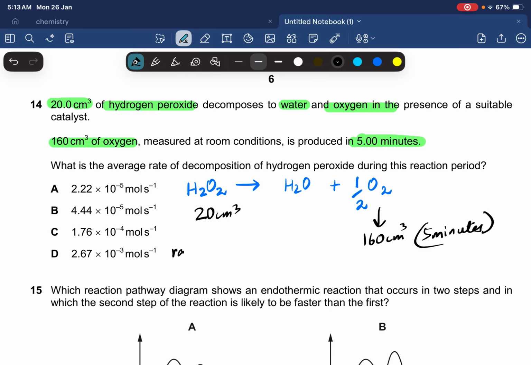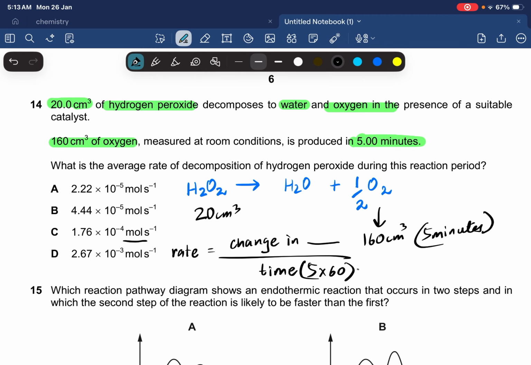So rate equals, now it's given in moles per second, the change in moles or concentration, whatever, divided by the time. We know time is going to be 5 minutes, so it's basically going to be 5 times 60 because we have to take it in seconds.